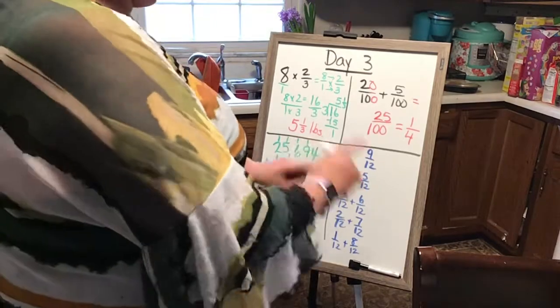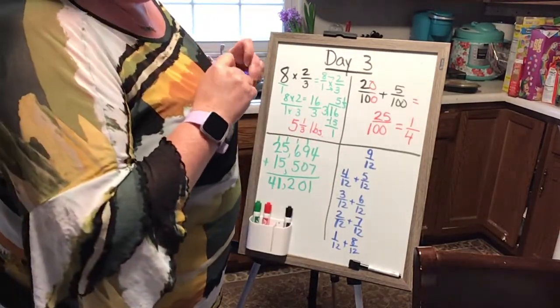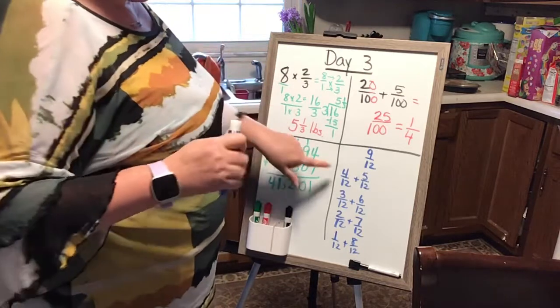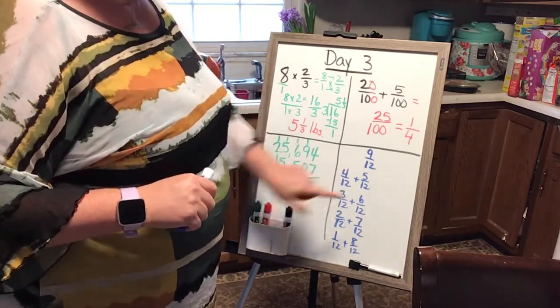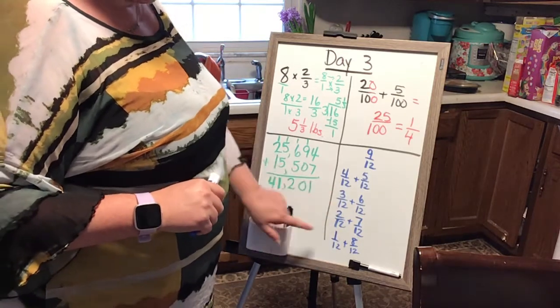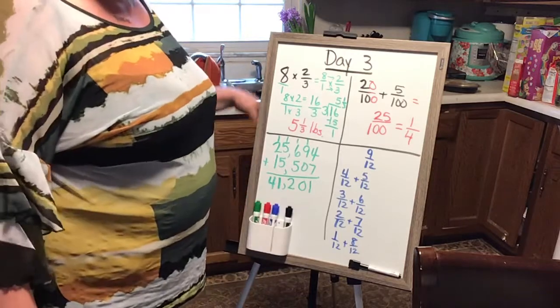Or you could flip any of those and do it backwards because addition is commutative. So there's 4 different possibilities. So 4/12 plus 5/12, or 3/12 plus 6/12, 2/12 plus 7/12, 1/12 plus 8/12. There you have it. There's your math morning work for today.